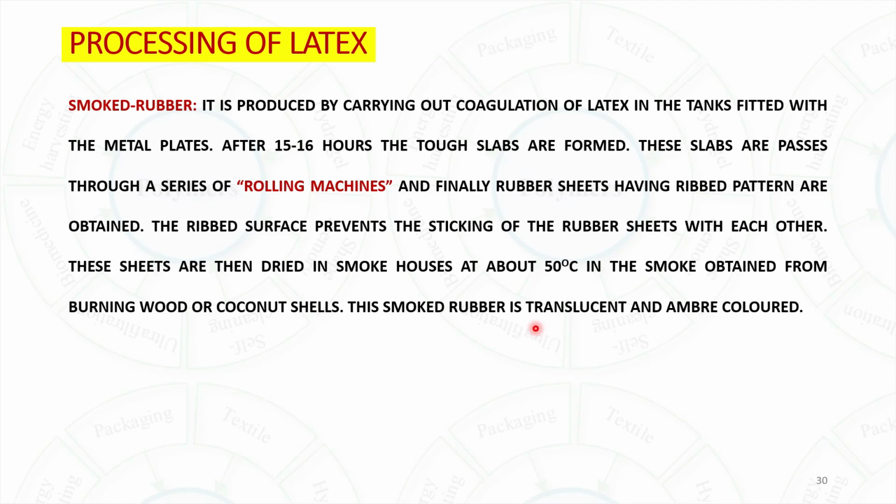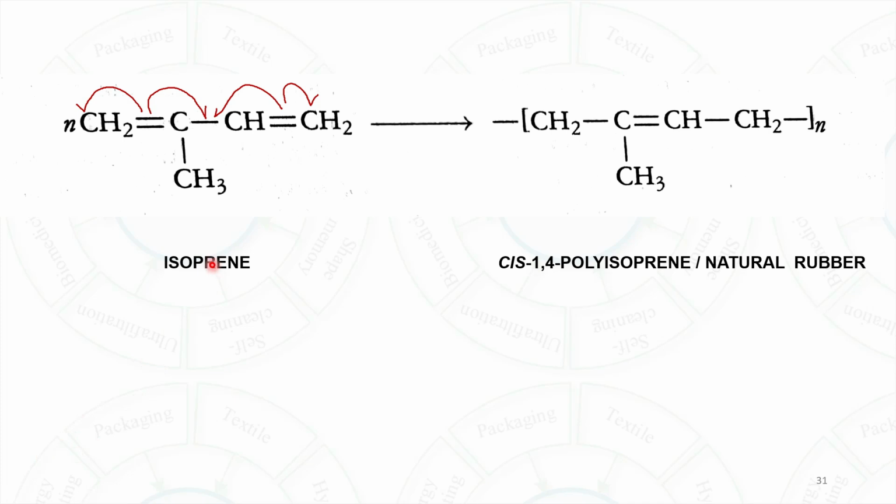That's why it is translucent in nature. And sometimes it may have an amber color. You need to know how amber colors look. However, this amber color does not define any important application or property, but the translucent nature defines a very important application. And so this is the process.